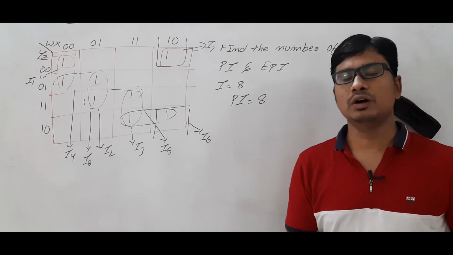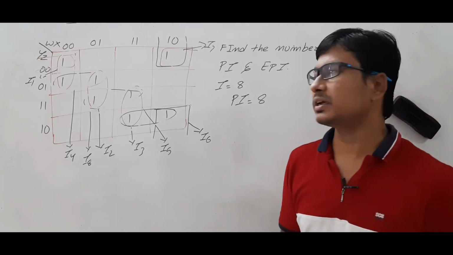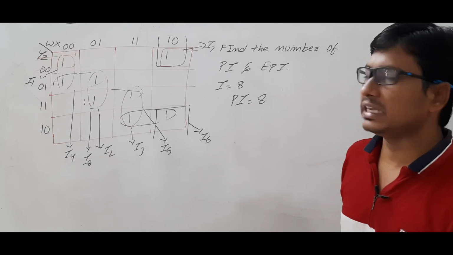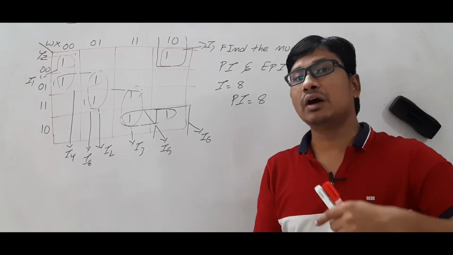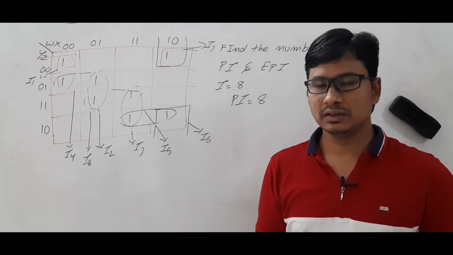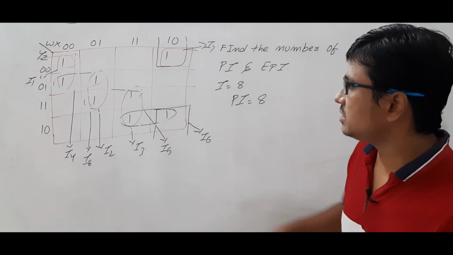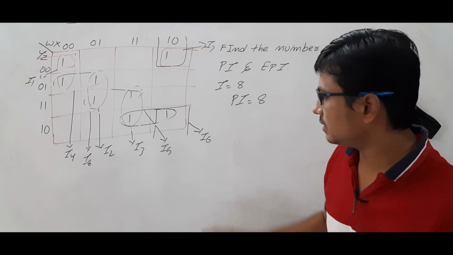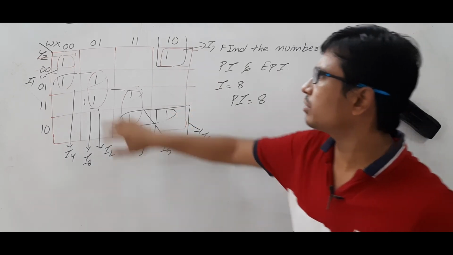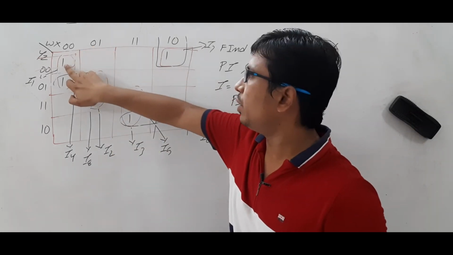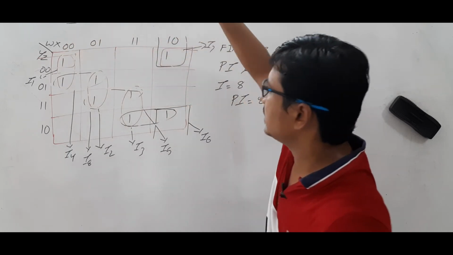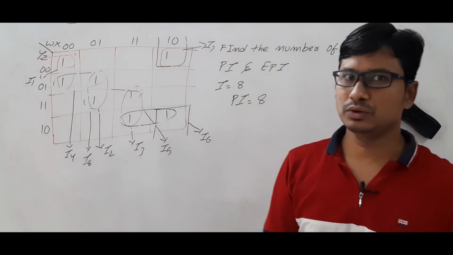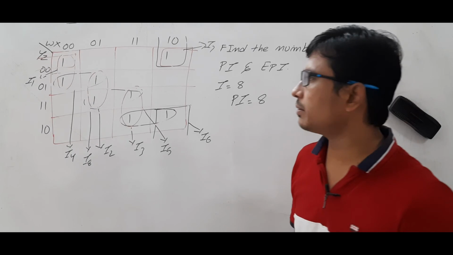Now we will check how many are the essential prime implicants. Any minterm which is not covered by another prime implicant, am I right or wrong? This one is covered by this prime implicant and this prime implicant. This one is covered by I7 and I1, so it is covered by two prime implicants.